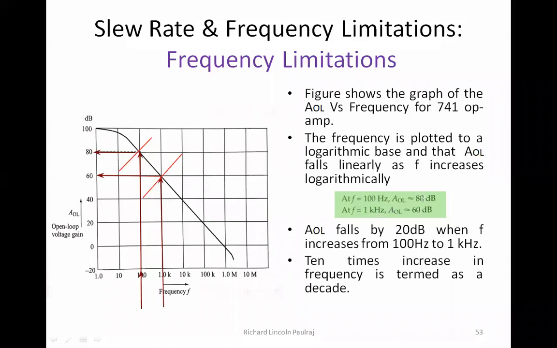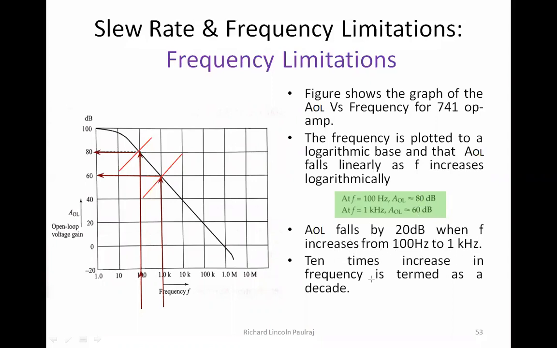And how much is the drop? The drop is about 20 dB, isn't it? From 80 it's coming down to 60. So we can say that AOL falls by 20 dB when f increases from 100 hertz to 1 kilohertz.